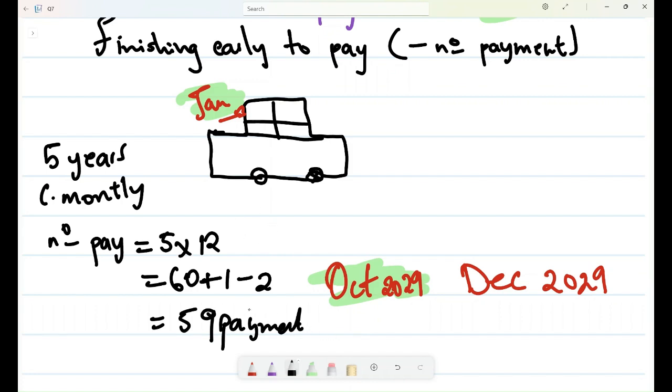This is what is going to happen. But within that 59 payments, after this month, it is not that you are taking this car. No. The contract says you can start fetching the car in December 2029.